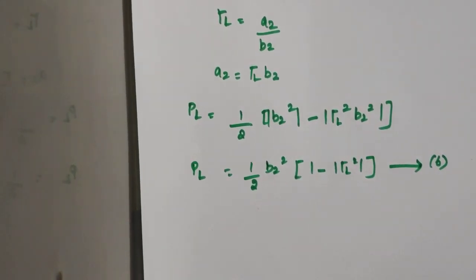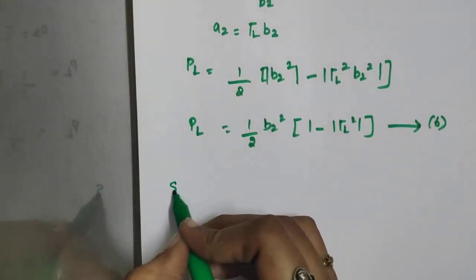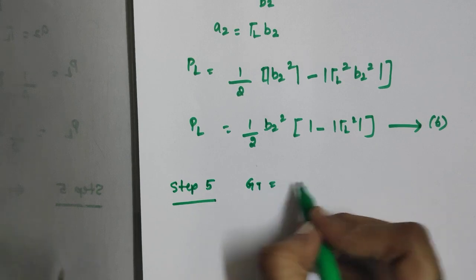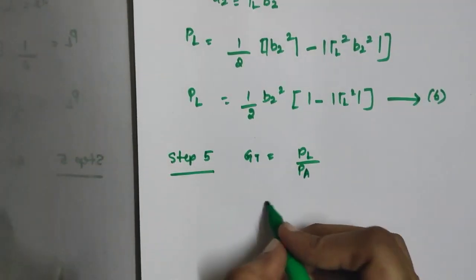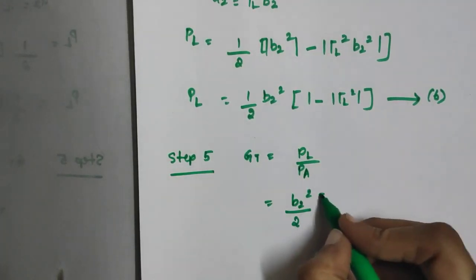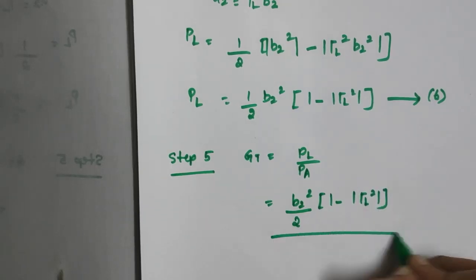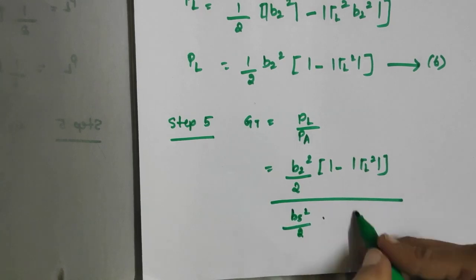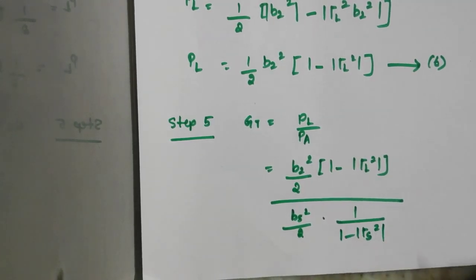Now we have found what is the available power. We have found what is the load power. Our last step is to find out the transducer power gain. So GT is a ratio of PL by PA. Now PL we have found to be B2 square by 2 into 1 minus mod of tau L square. We have found PA to be B square by 2 into 1 by 1 minus mod of tau square.